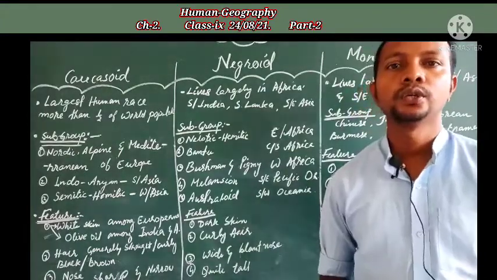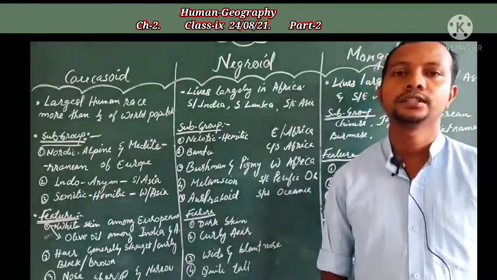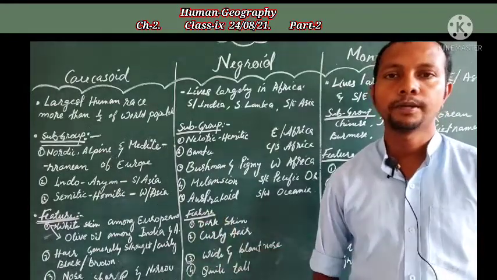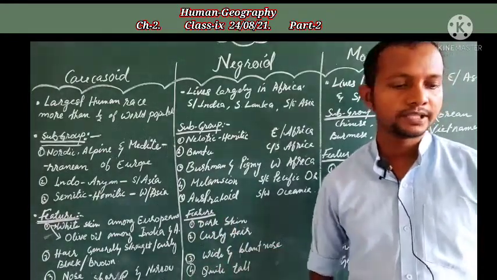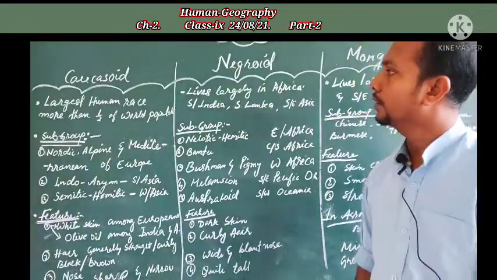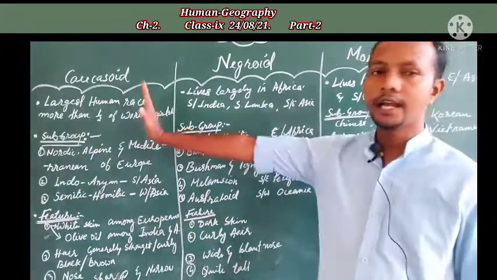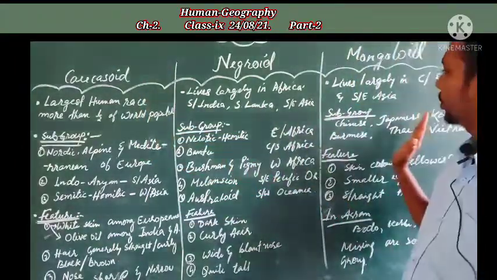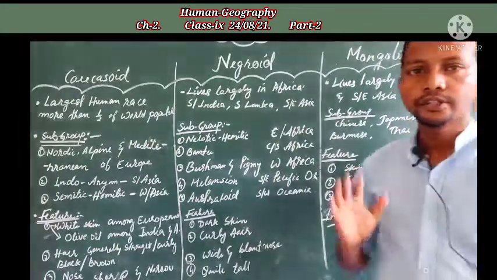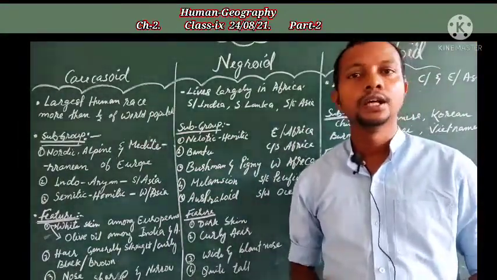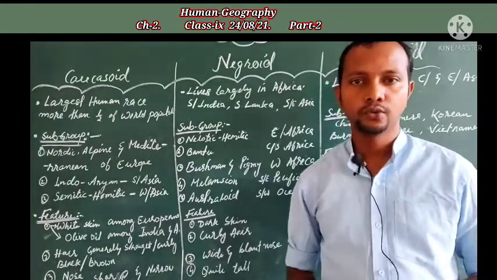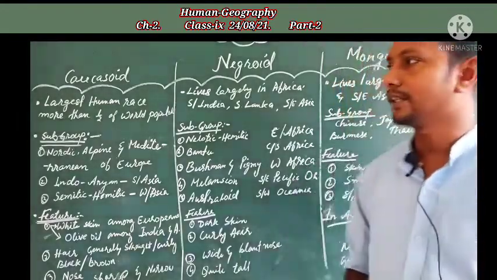If you are told to write the characteristics of these groups of people or human race, you may present it in table form. Now, without getting delayed, I have made the three groups. Certain things may not be clearly captured within the camera frame, dear friends, but no worry, I will be reading it out to you also.